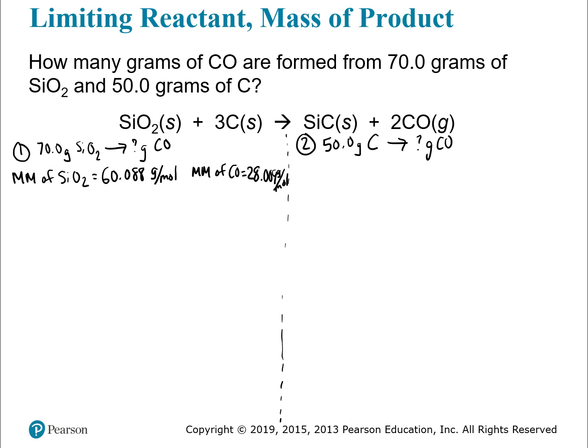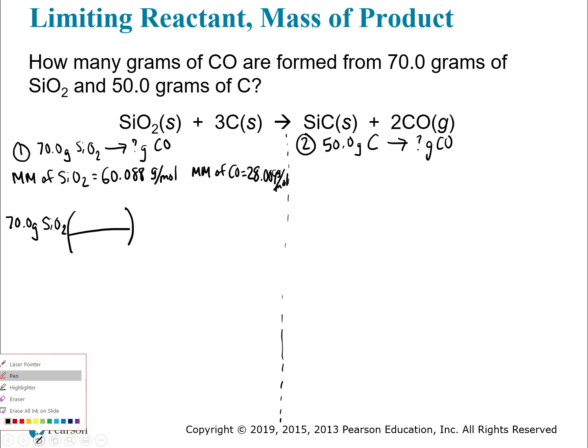We've got our molar masses. Now we're going to set up this problem. We're starting with the 70 grams of silicon dioxide. We first have to use that molar mass of silicon dioxide, and let me try to use the colors, to convert to moles.